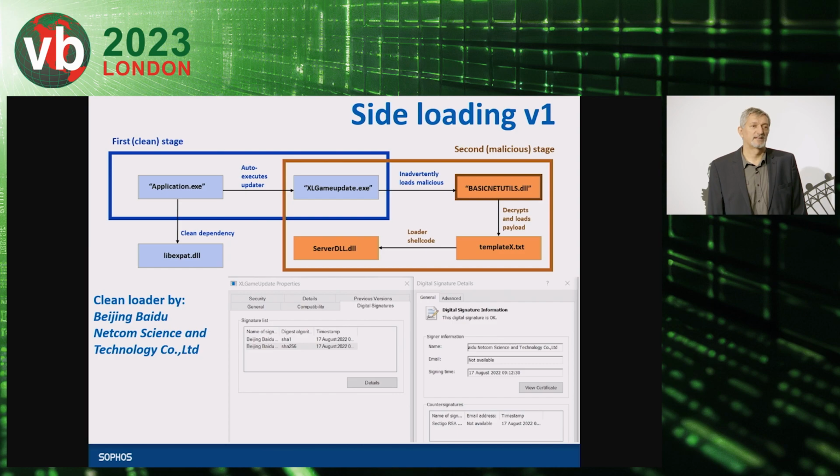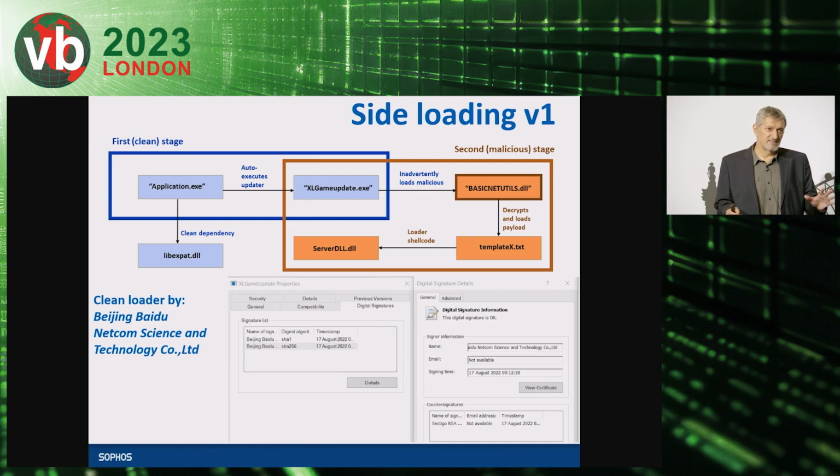That malicious loader will load template.txt, which contains the encrypted payload. The loader decrypts it, loads in memory a shellcode. The shellcode decrypts the final payload, which is the server DLL component, and this is how it gets executed.